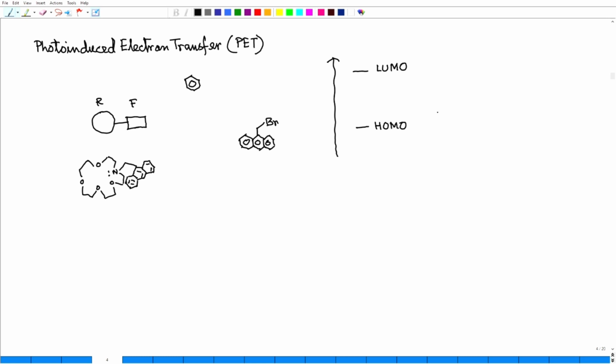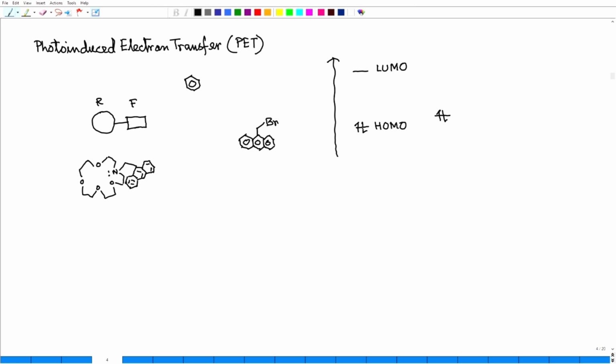This is the HOMO of the receptor. This HOMO has mostly the character of the electron pair on the nitrogen. The electron pair on the nitrogen describes mostly the HOMO, the highest occupied molecular orbital. So, I write 2 electrons. This is the beginning, and the HOMO is complete.